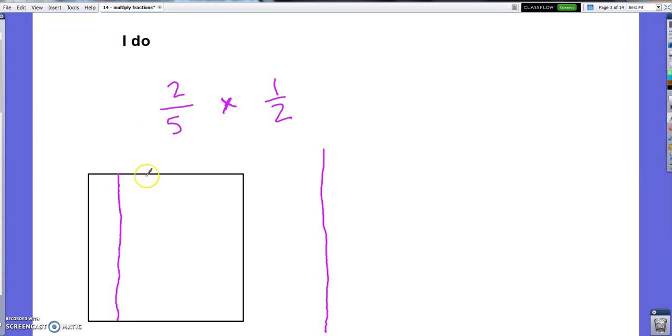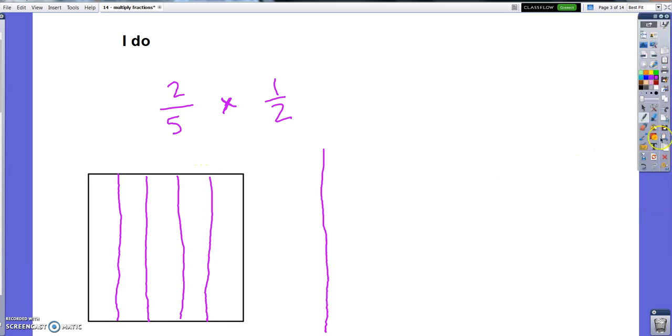Let me cut it into fifths. 1, 2, 3, 4, 5, so there's fifths. And I'll highlight in 2/5 to show 2/5. We need a wider highlighter. I can do that. There's 1/5, and there's 2/5.